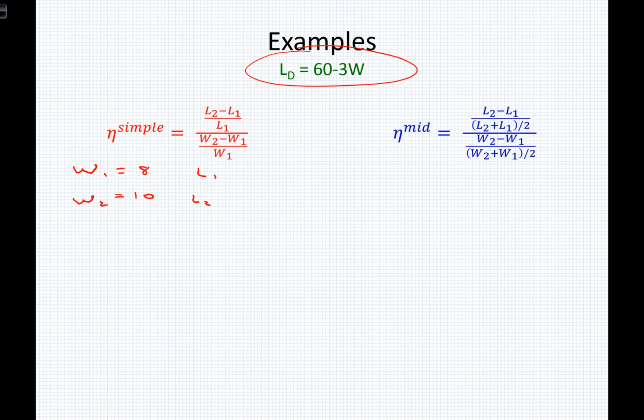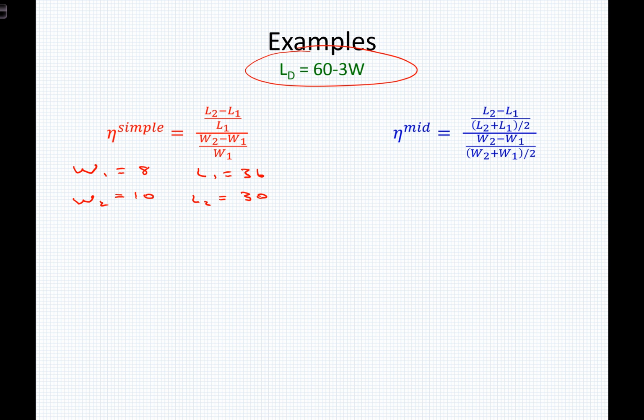Labor demand equals 60 minus 3W. If we want to use that equation, we can plug this into either the simple or the midpoint formula, and we're going to, for comparison's sake in a moment, so we can see if there are any differences. Then let's think about this. If we have a wage of 8, then labor will be 60 minus 3 times 8, or 60 minus 24, so it should give us 36. And a wage of 10 will give us an L2 of 30.